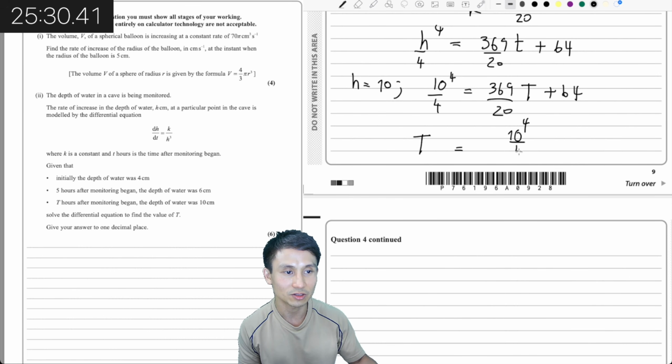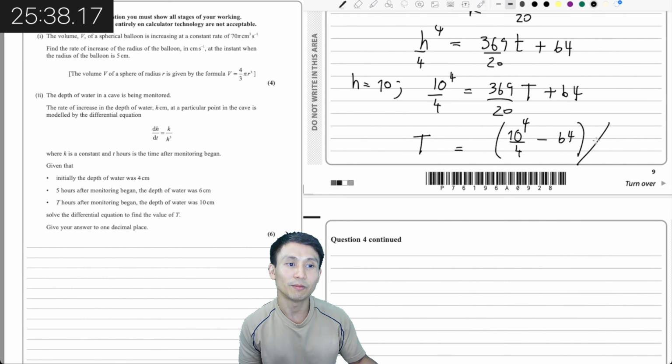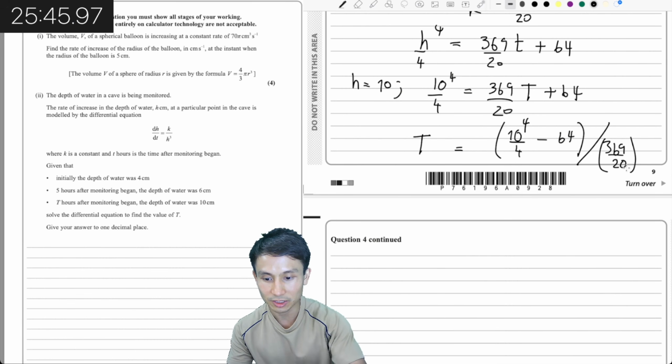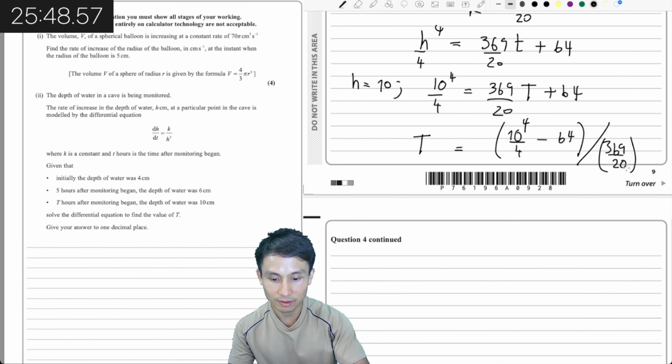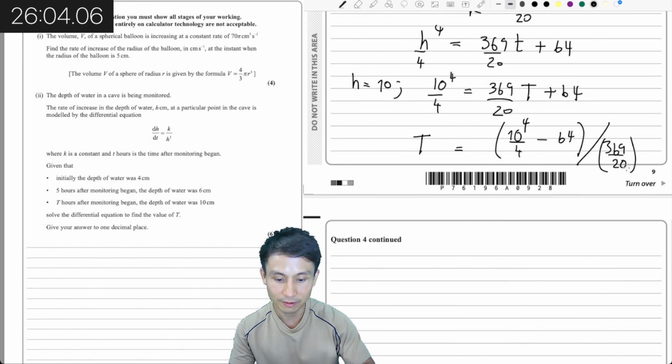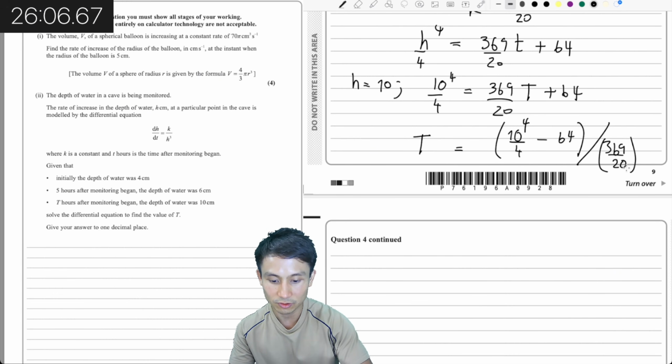I'm just going to rearrange this. Minus 64 and all divided by 369 over 20, like that. Okay, so let's do a fraction here, and then another fraction, 10 to the 4 over 4, and then minus 64 divided by 369 over 20.